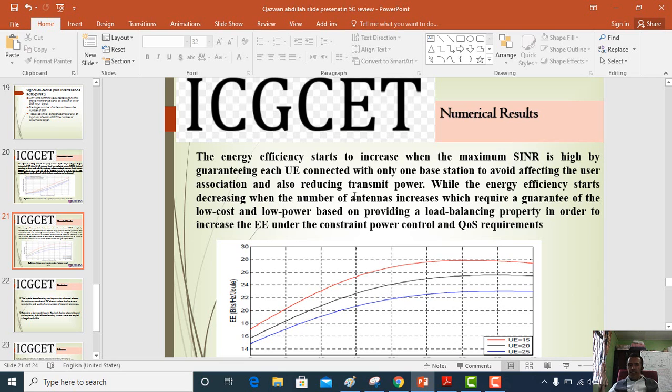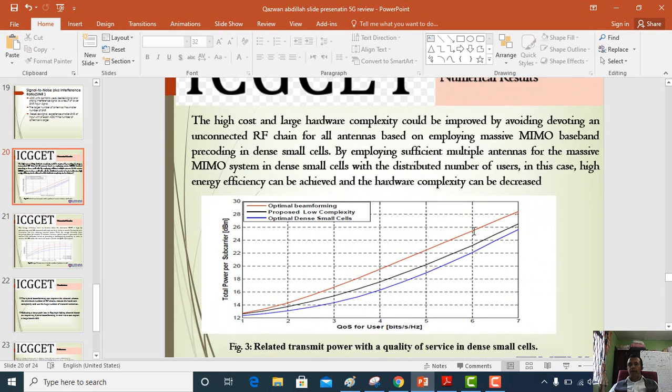The energy efficiency starts decreasing when the number of antennas increases, which requires a guarantee of low cost and low power by providing a load balancing probability in order to increase the energy efficiency under the constrained power and control and the quality of service requirement, as we can see in the figure, in equations 9 and 10 for this graph.